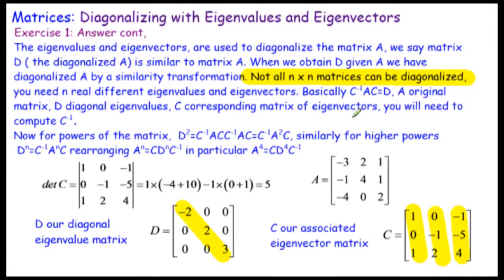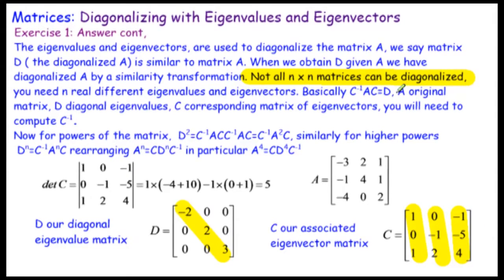But basically what we do is, to get the diagonal matrix D, we need C minus 1, which is the inversion of C, or I guess you could say the reciprocal of C. We normally say it's the inverted matrix C times A, the original matrix, and C, which is now this one here, the associated eigenvector matrix to the eigenvalue.